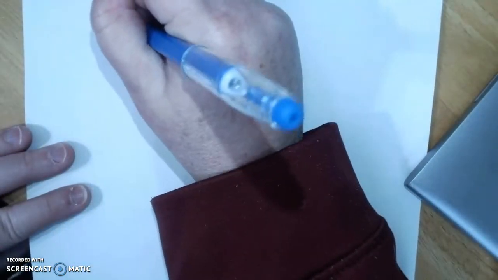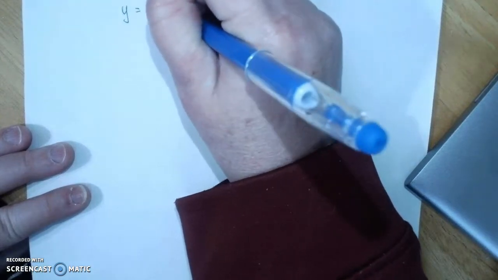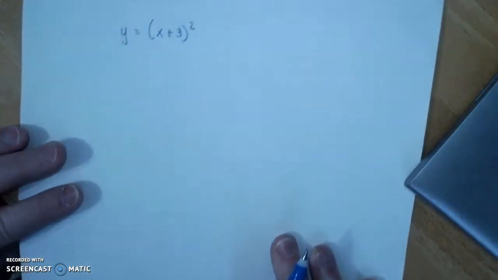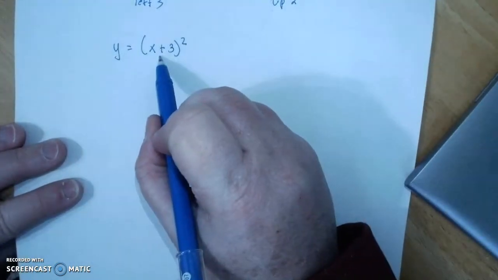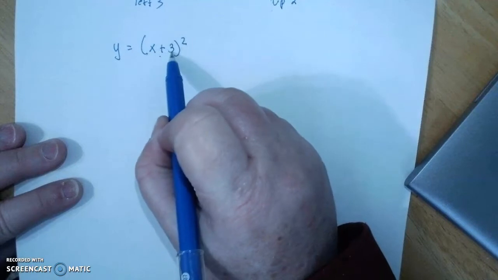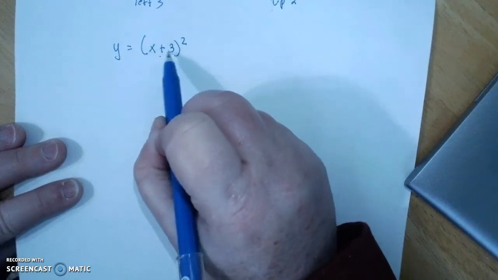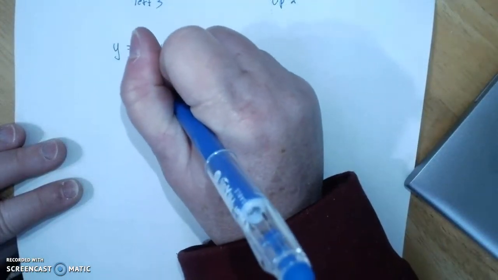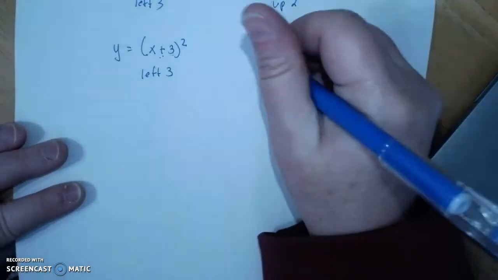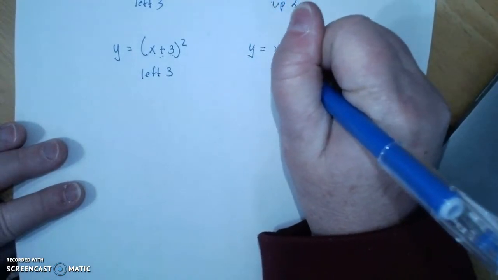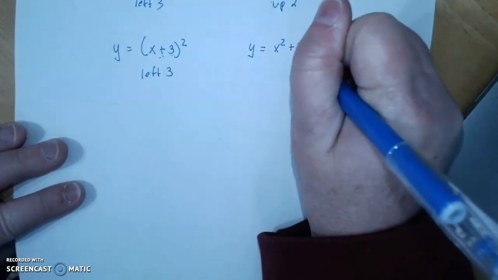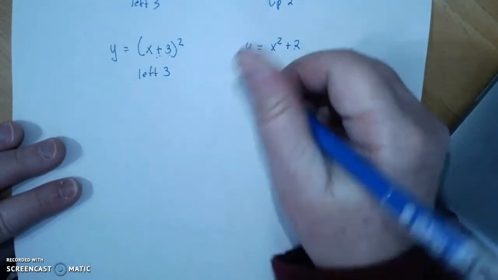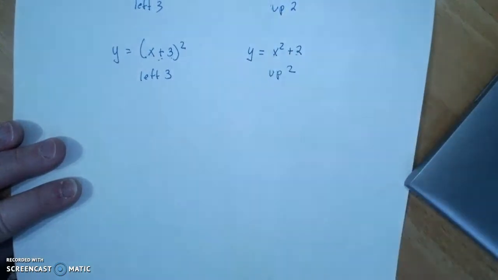If I have y equals (x plus 3) squared, inside the parentheses, closest to x, it monkeys with x, doesn't follow the correct directions, so that is left 3. If you have y equals x squared plus 2, not in parentheses, that is up 2.